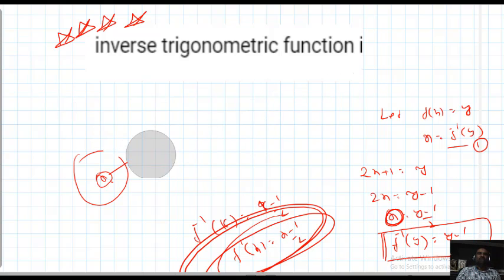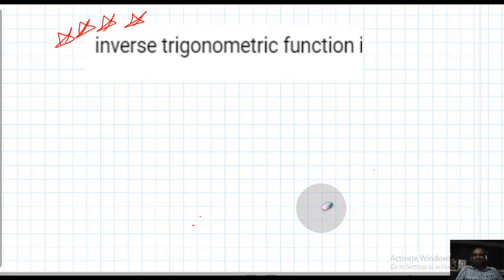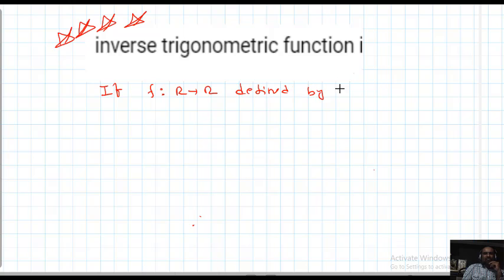Similarly, if trigonometric functions are given, how to find their inverse? That is today's important concept, students. Listen. If f maps R to R, defined by f of x equals sin x, then find f inverse of x.